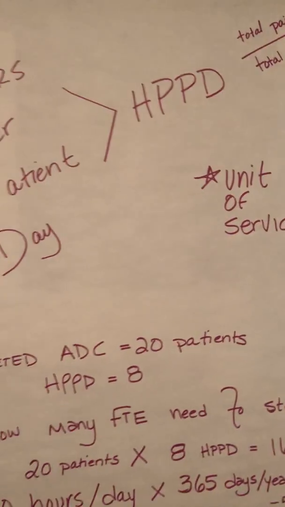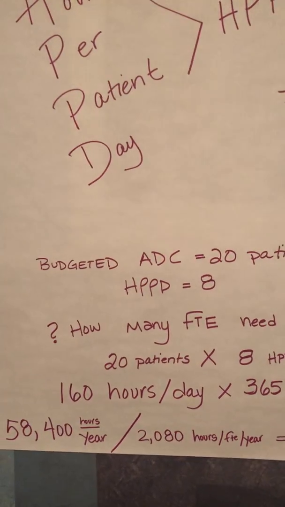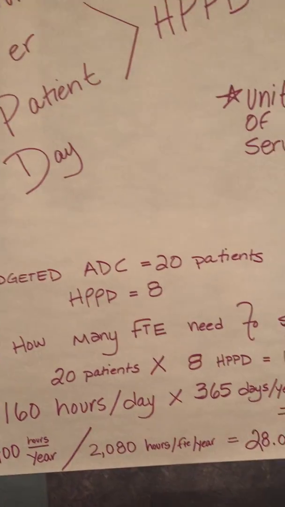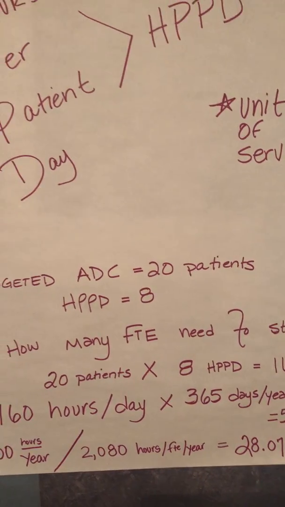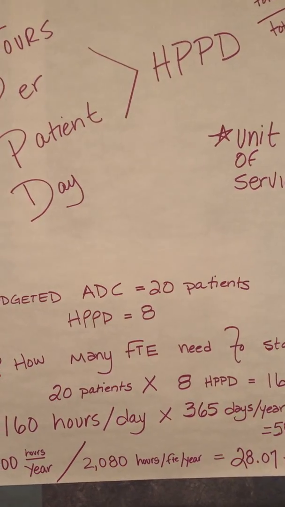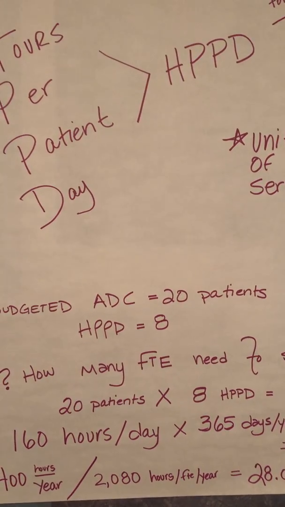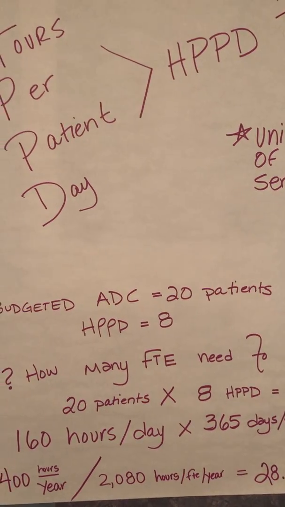So, again, as we're trying to figure out budgeting, if you have an average daily census, which means on average, your unit is taking care of 20 patients, and those patients require 8 care service hours a day of nursing.